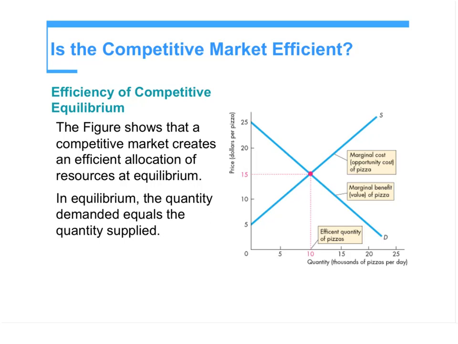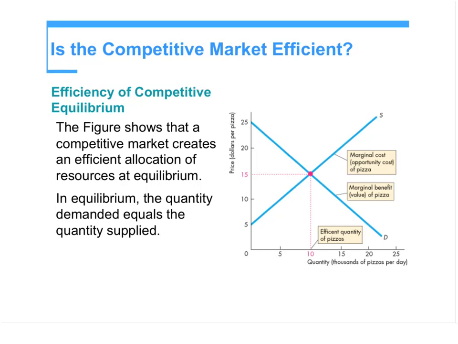Efficiency of competitive equilibrium. The figure shows that a competitive market creates an efficient allocation of resources at equilibrium. So basically, equilibrium is where these two meet each other. Competitive markets create efficient allocation, so there's no extra; the supply and demand are actually meeting each other.